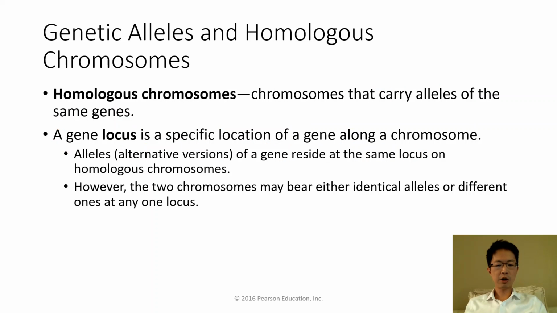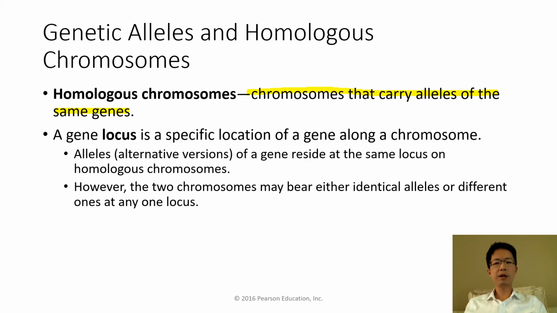Okay, now we talk about homologous chromosomes. Remember, homologous chromosomes I mentioned in meiosis are a pair of chromosomes: one chromosome comes from your father, one chromosome comes from your mother. Then we call them homologous chromosomes. And here is a better definition: chromosomes that carry alleles of the same genes.